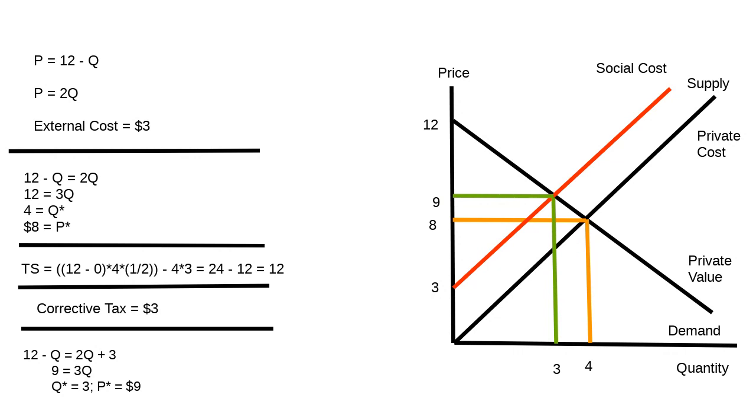And now we can check. So now that the externality has been internalized, it's no longer an externality, right? After the corrective tax, there is no external cost anymore because it's not external. It's been internalized due to the corrective tax. So now we can calculate the new total surplus.